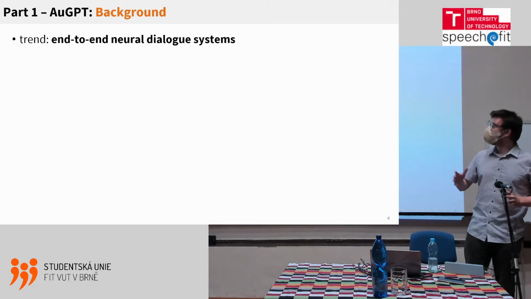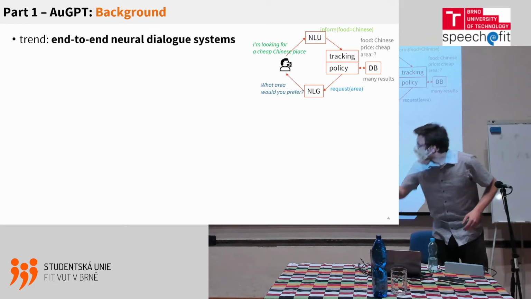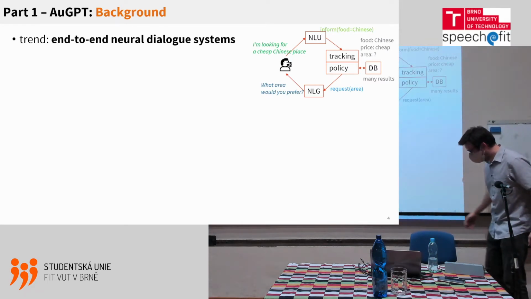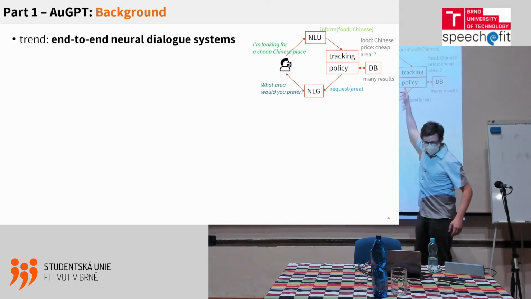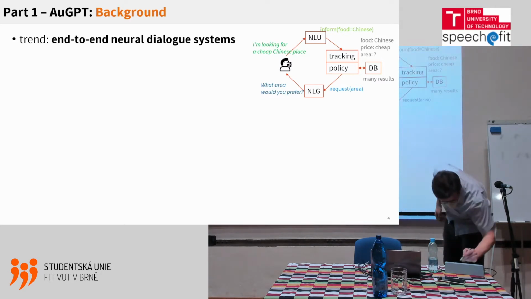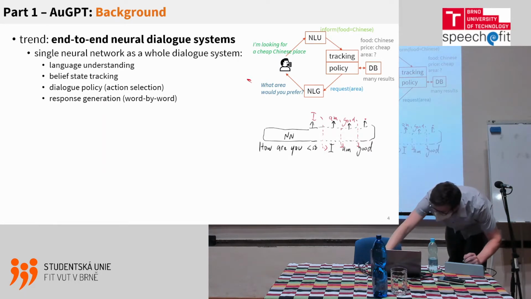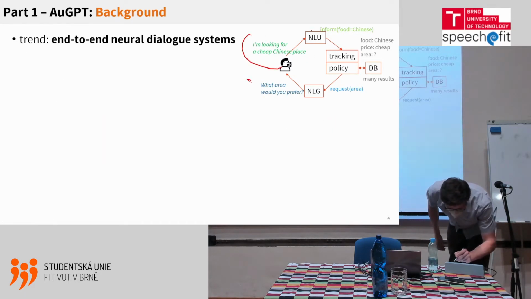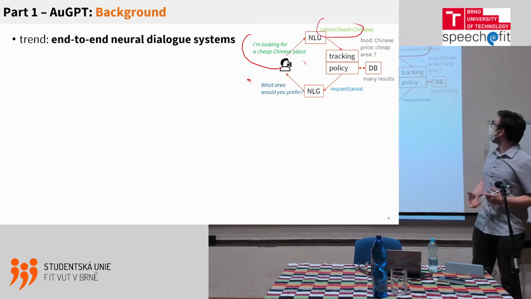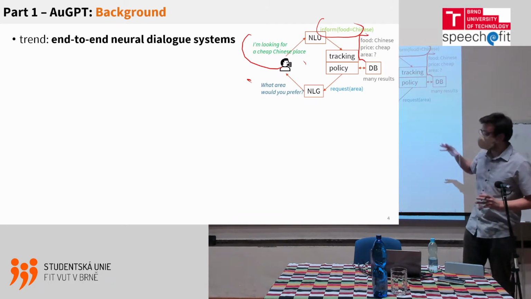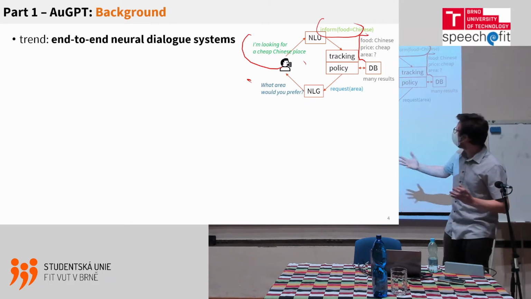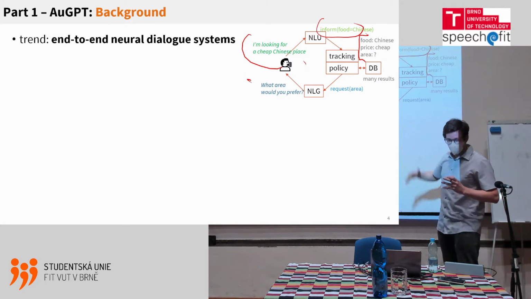Obviously, in commercial systems, you still have a classical pipeline where you have language understanding that gets the user utterance and gets some kind of formal meaning representation of that. Then you have dialogue state tracking, which tracks the user preferences along the whole dialogue. So it's not just the one utterance, one sentence. It's over the whole dialogue.